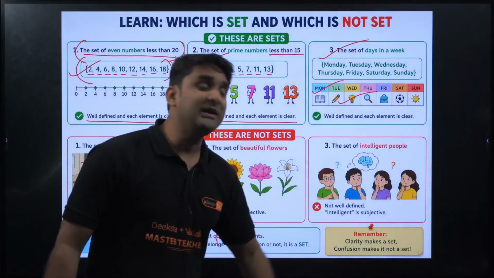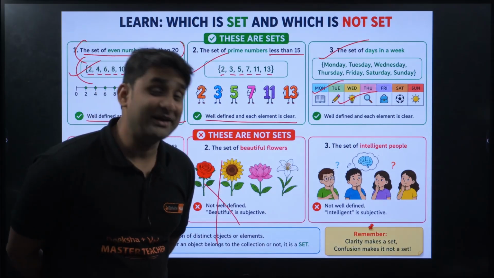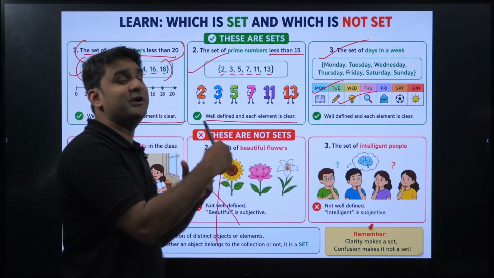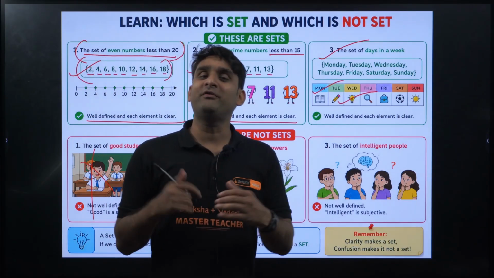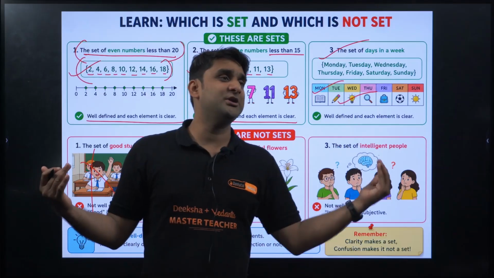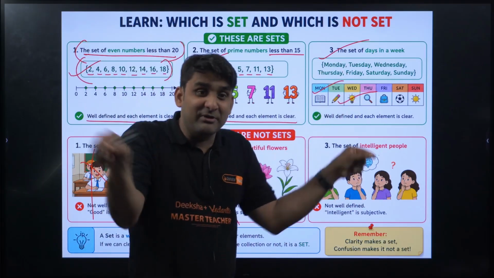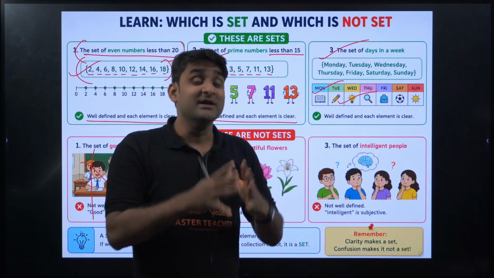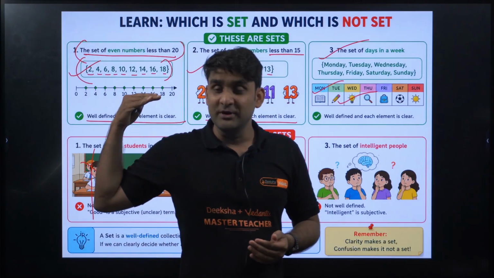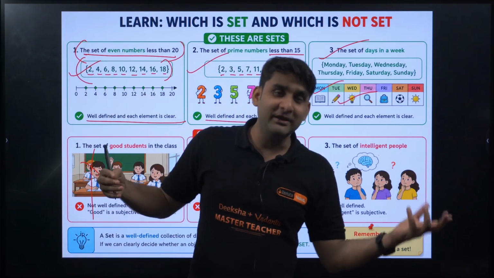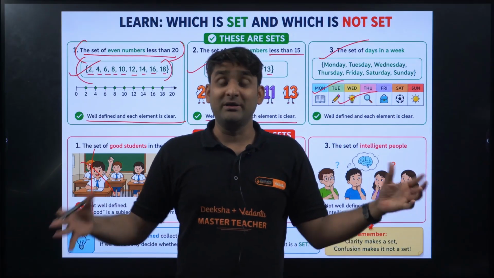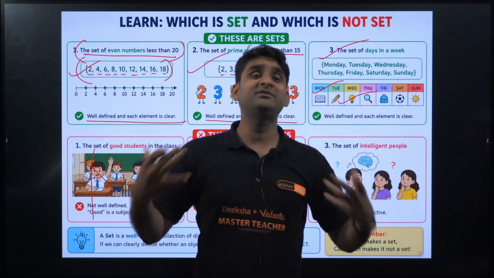The set of intelligent people. Again, intelligent is also subjective. The parameters of intelligence are different. Some people might be intelligent in measuring dimensions, doing calculations in the mind. Some people might have intelligence in politics, to understand what's going on in their surroundings.